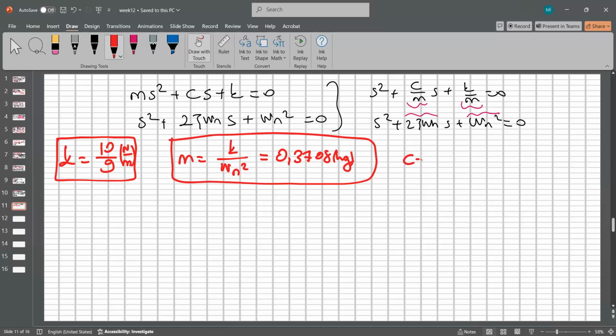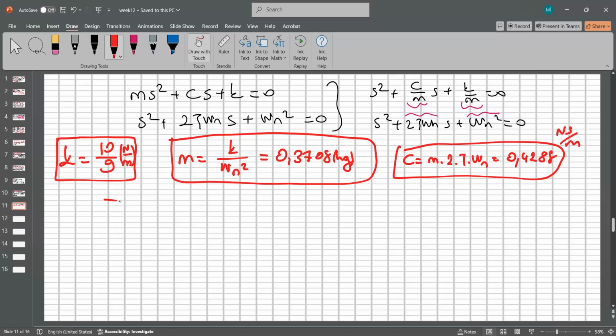And so what is the value of c in here? M times 2 times zeta times wn, right? Which is equal to 0.4288. Okay? Newton second per meter.